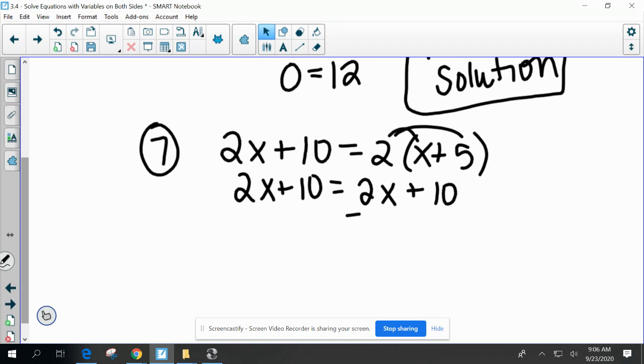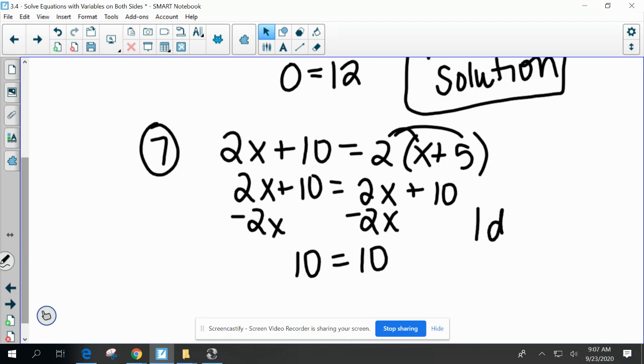So if we subtract 2x, anybody notice what's going on here? Wait, it's the same on both sides, right? It was the same on both sides right after we distributed. They were both 2x plus 10. Whenever that happens, if it's exactly the same on both sides of the equal sign, this is called identity.